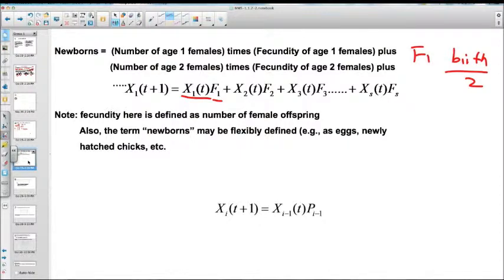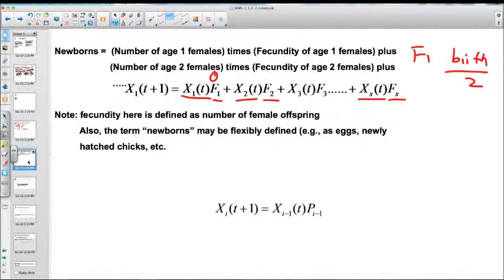And then you count the second year animals and the second year contribution to females, and they keep going to the contribution of the oldest female animal, birds. But in reality, you might have a bunch of zeros. For example, the new baby won't lay eggs until a certain age.